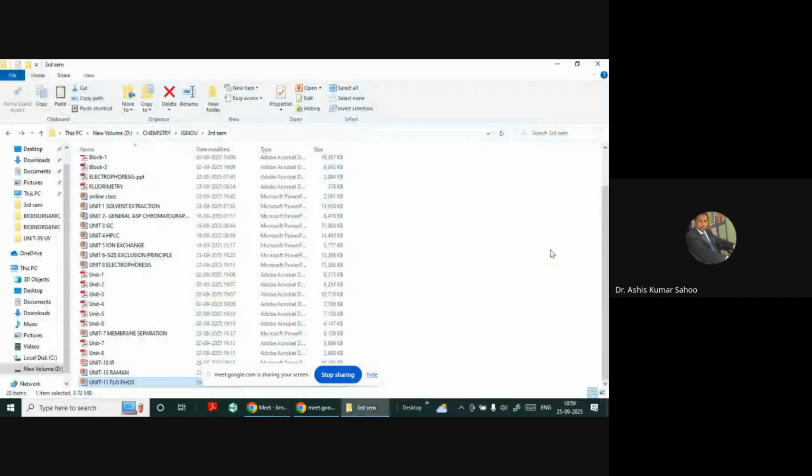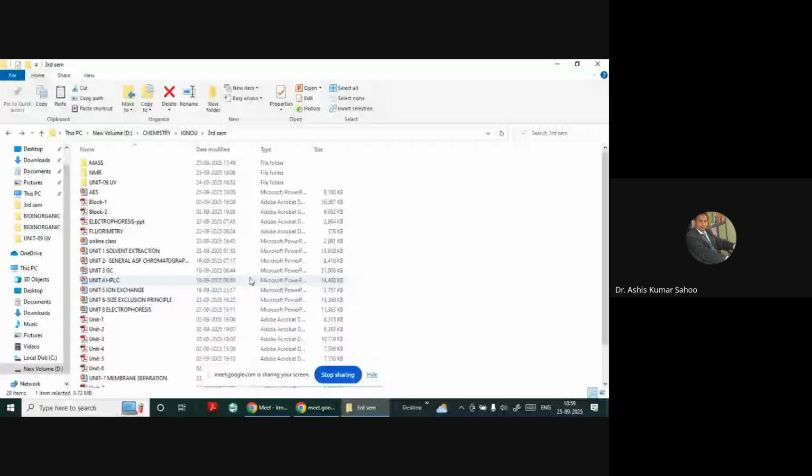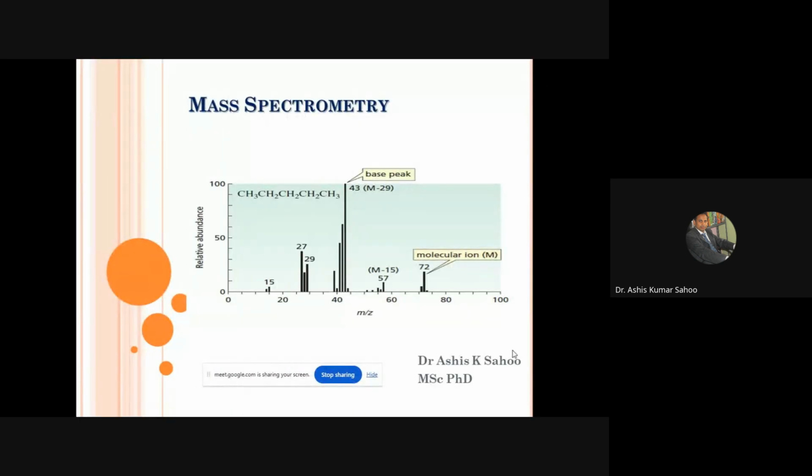So now, as the name justifies, mass spectroscopy is the spectroscopic technique used for determination of molecular mass.